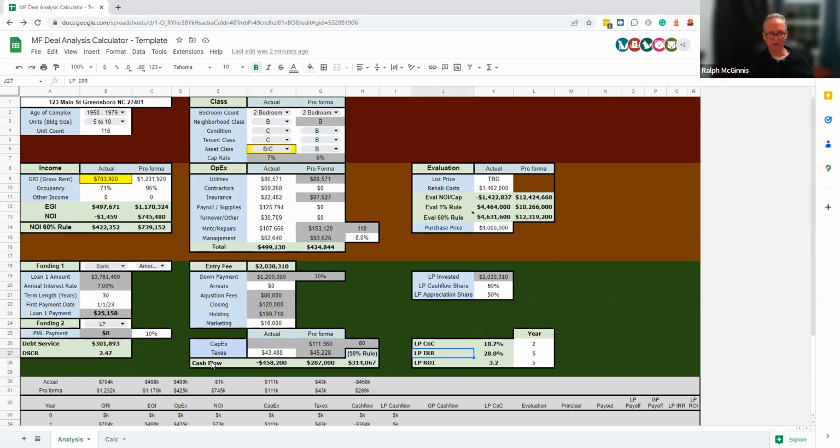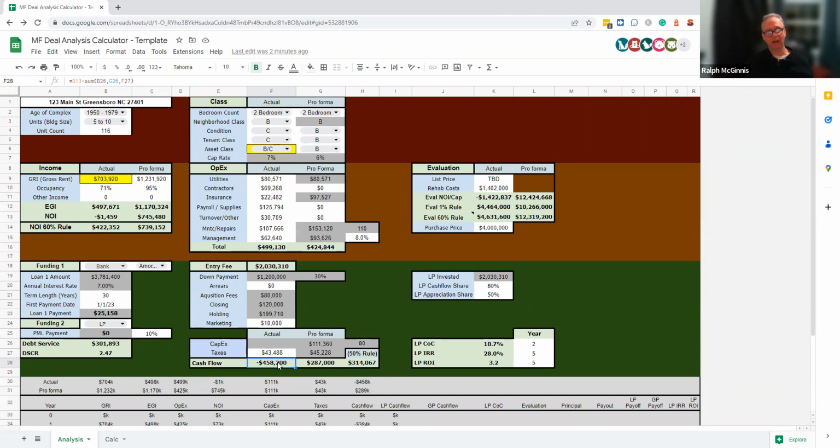But the cash flow, when you're dealing with apartments, they almost always want to know cash flow. Very important number. So the cash flow basically is you take your NOI, net operating income, but you have to subtract out a few more things to get to cash flow.